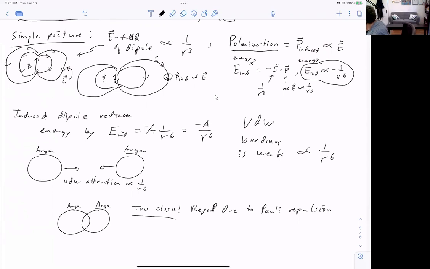Because now I have electrons in the same orbital, which are trying to coexist in the same region of space, and so they have to repel. That's polar repulsion.